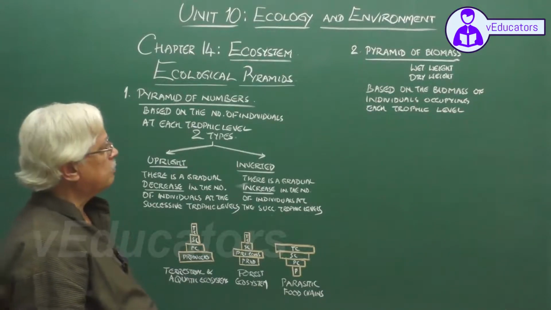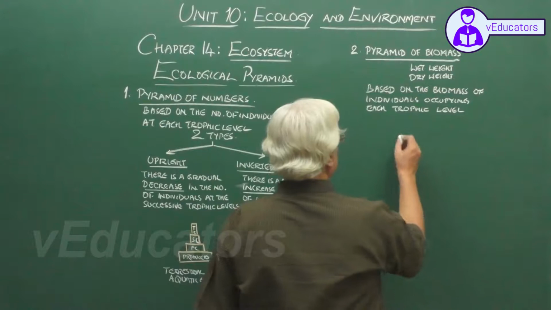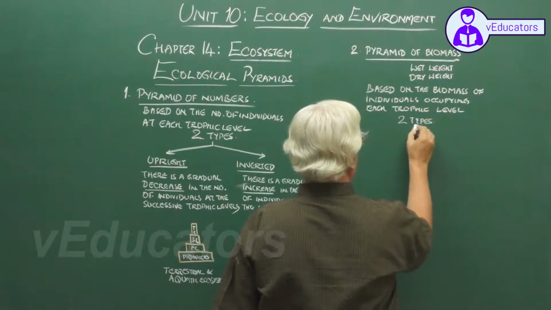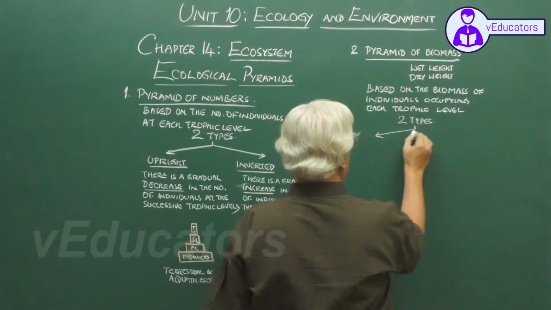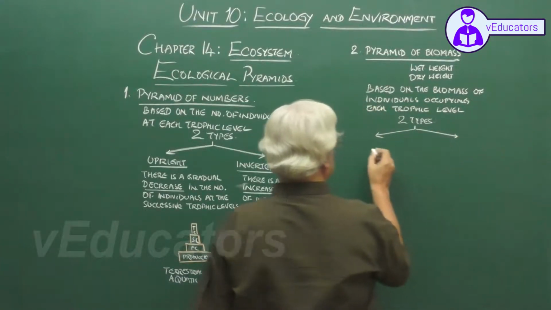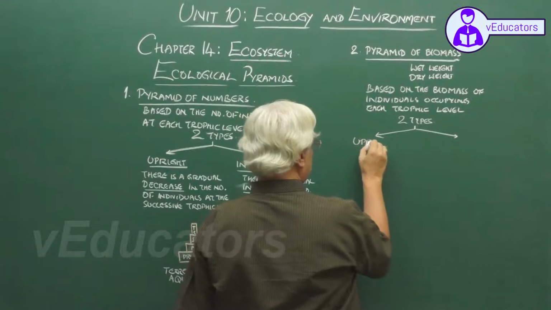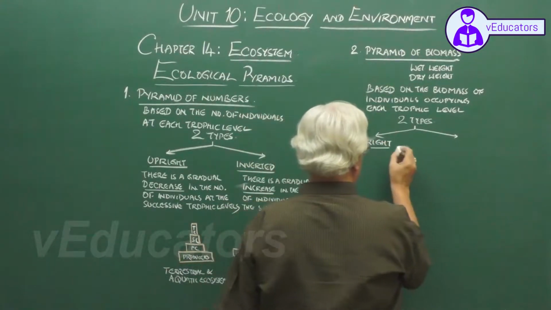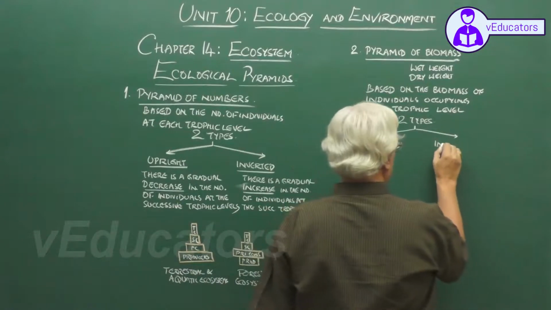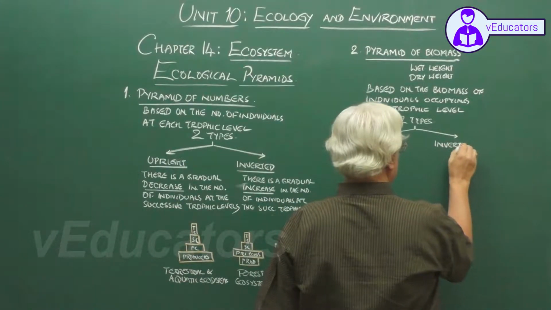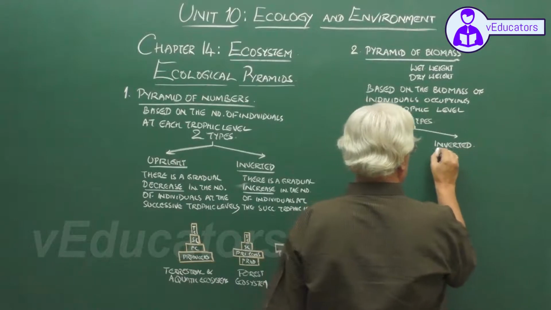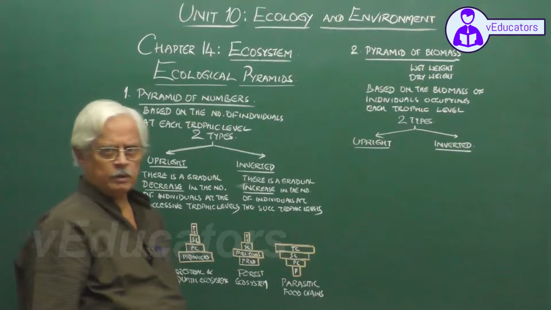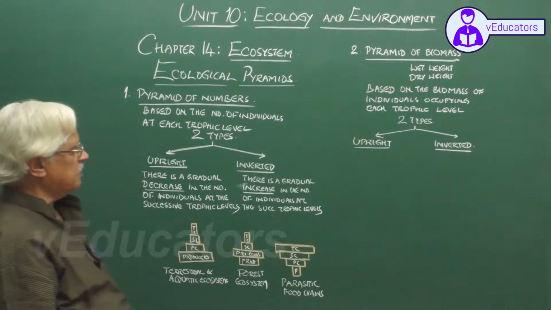Even the pyramid of biomass can be of two types. It can be upright, or it can be inverted. Pyramid of biomass can be upright or inverted.